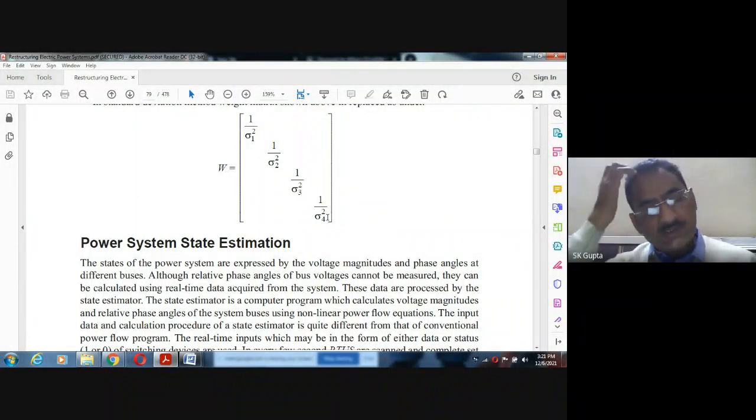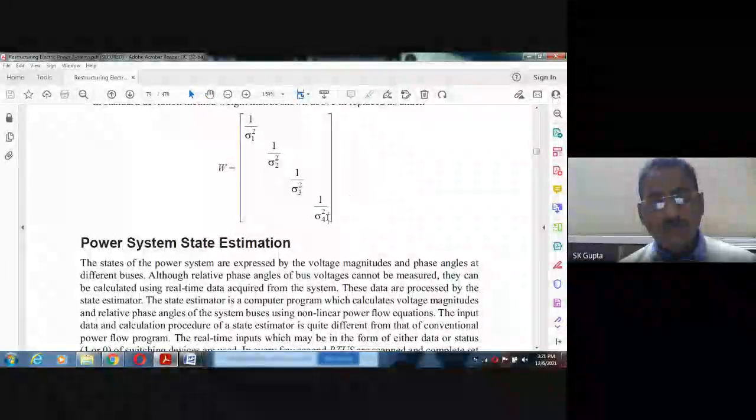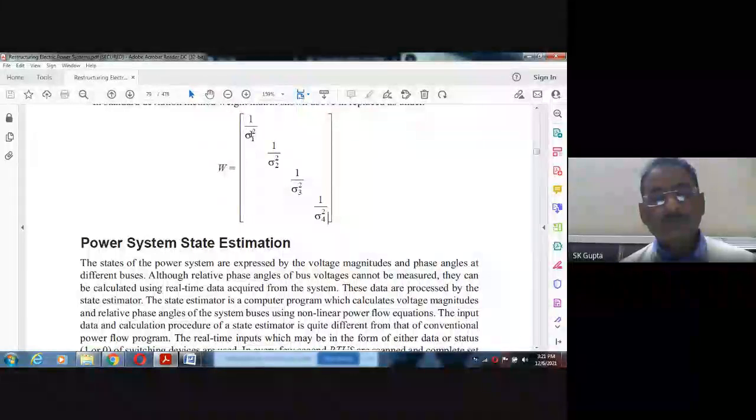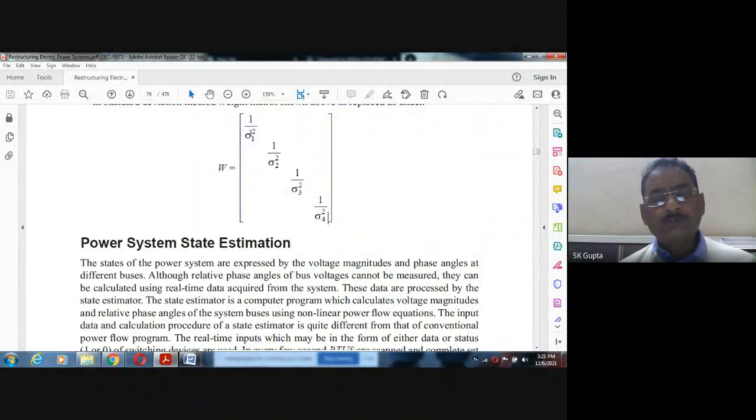So earlier, according to our experience and the quality of the instrument, we were giving different weights to the measurements. Now, in place of giving weights, on the basis of the number of measurements we find what the weights should be, and this comes out to be 1 by standard deviation square.